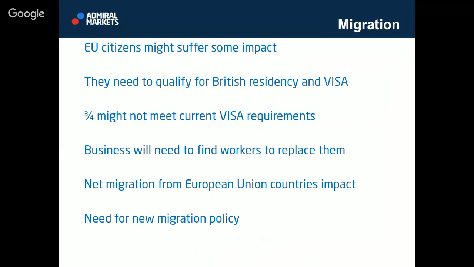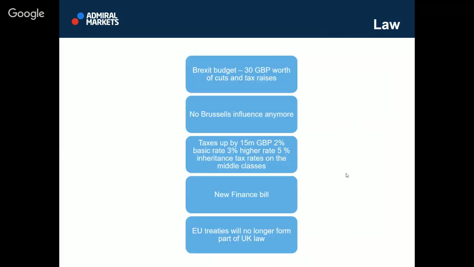That will lead to upward pressure on both wages and inflation. That will be a benefit to some workers, but to the detriment of some employers. And they will need a new migration policy.